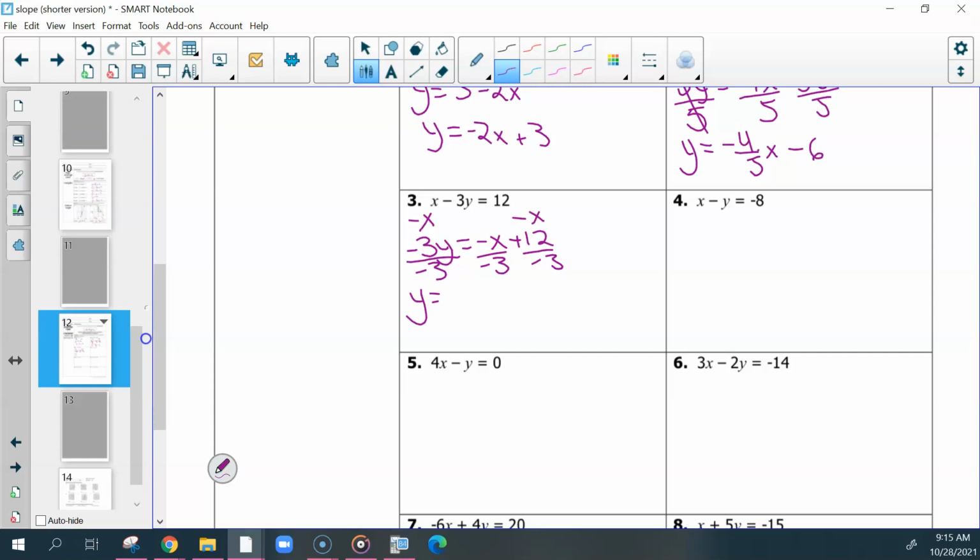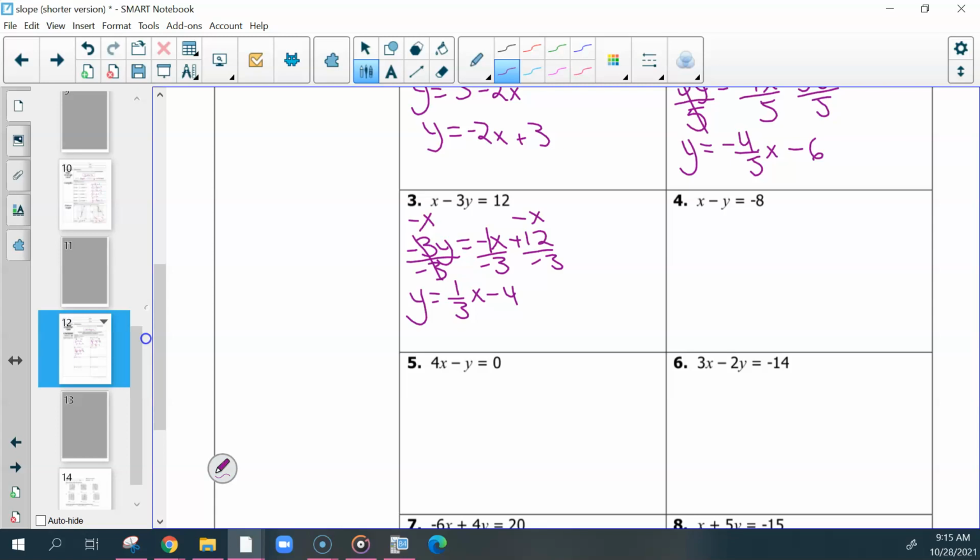Your y would become a positive because you have two negatives. This would become, remember there's really a 1 here, so this would be positive 1/3 x. And then this would become a negative 4. So the x wouldn't be 12 x, it would be the negative x.